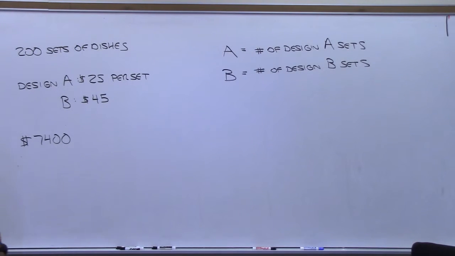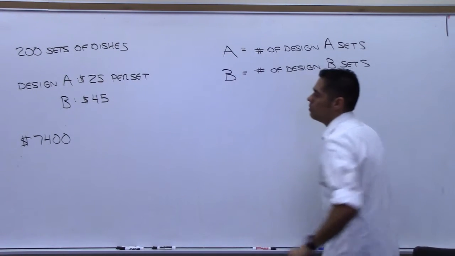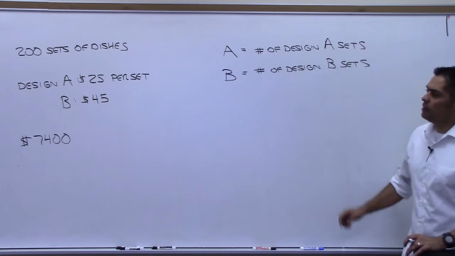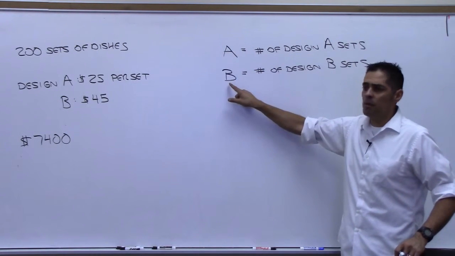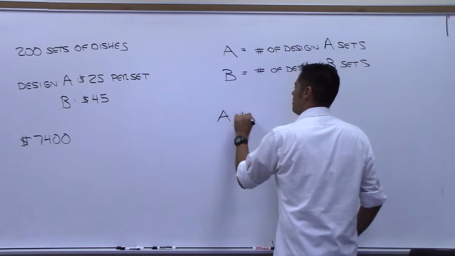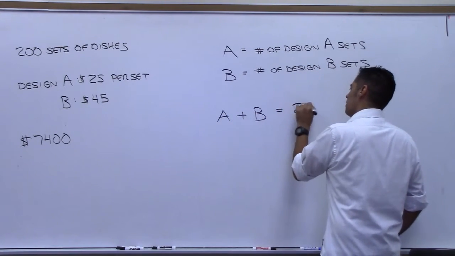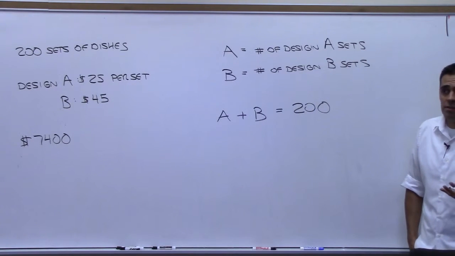So then 25x plus 25y is equal to 7,400? Yes, but let's do the one before that. This number of sets plus this number of sets has to be equal to 200. So A plus B must be 200. And the other equation is the total cost.